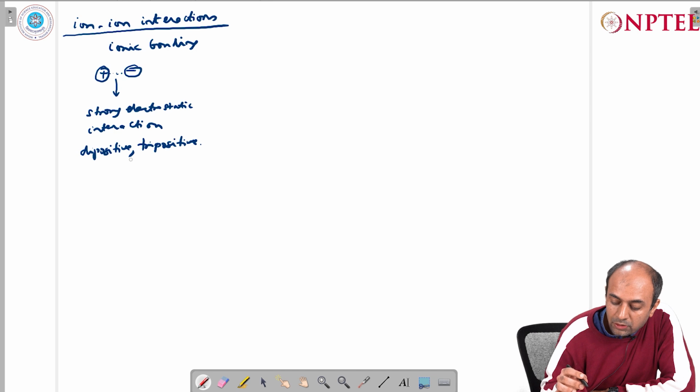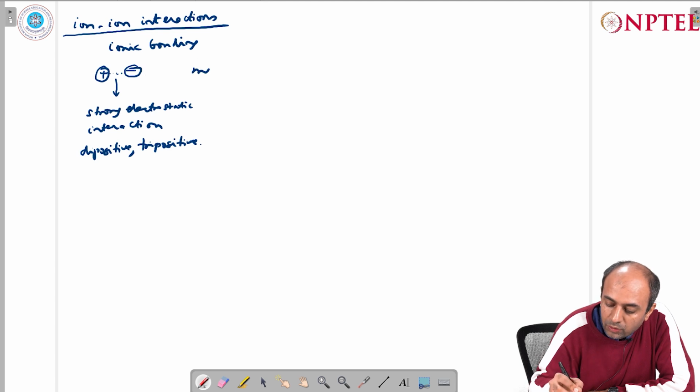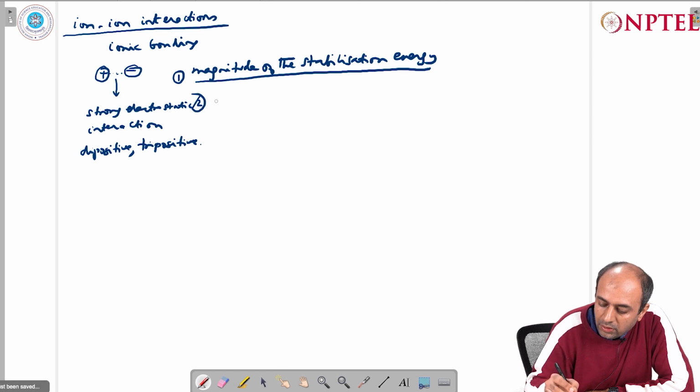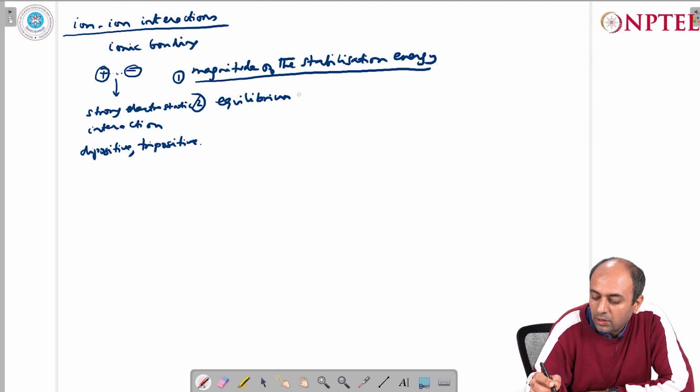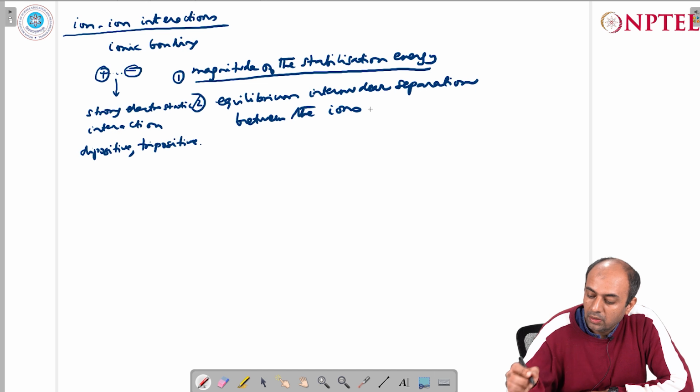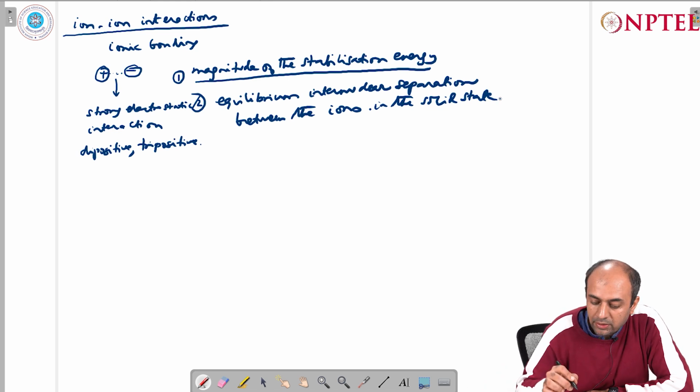So, the primary force which holds the ions in place is strongly electrostatic in origin, and what is important to understand is, when you consider two ionic species interacting with each other, what is the magnitude of the stabilization energy, number one, and what is the equilibrium internuclear separation between the ions in the solid state, because ionic bonding primarily leads to the formation of solids.